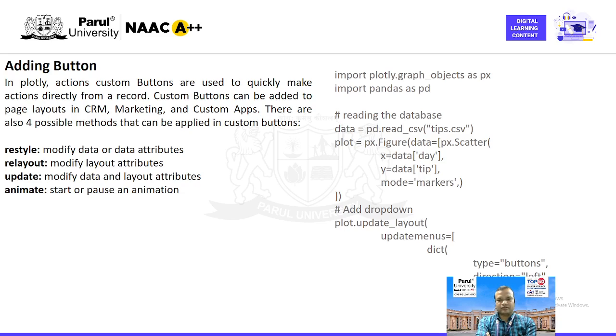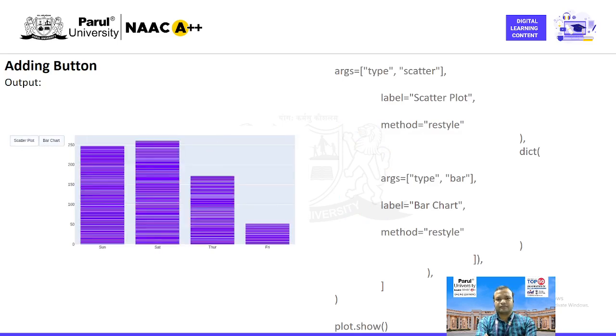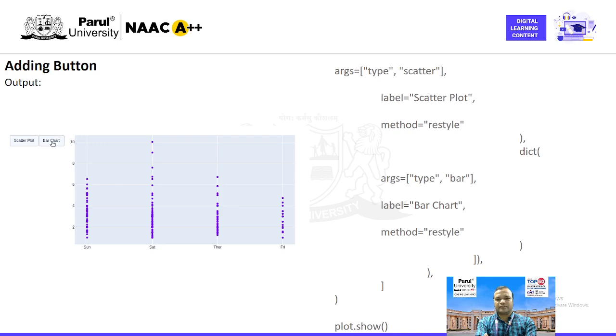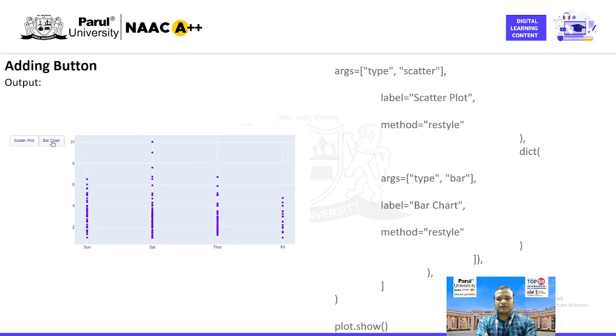Then add buttons here. So plot.update_layout, updatemenus, dictionary you can give here. type is equal to buttons, direction is equal to left, buttons is equal to list, and then we can add the dictionary. The arguments we pass here: type scatter, label will be scatter plot and method will be restyle, and another dictionary we add here with arguments: type will be bar and label will be bar chart.